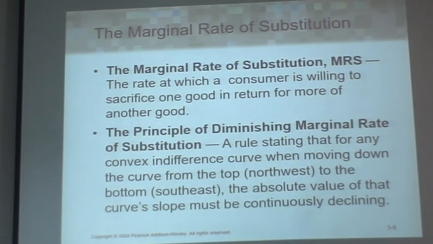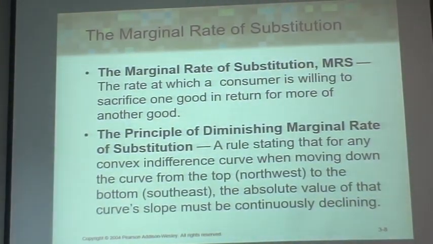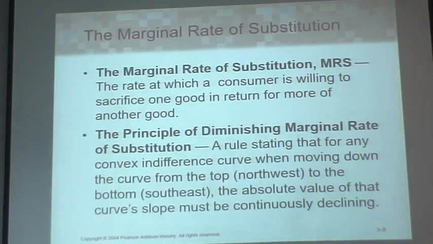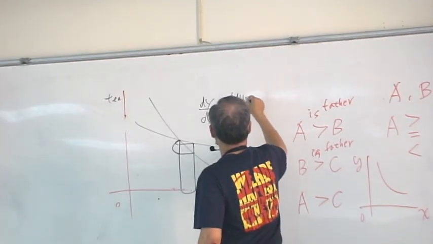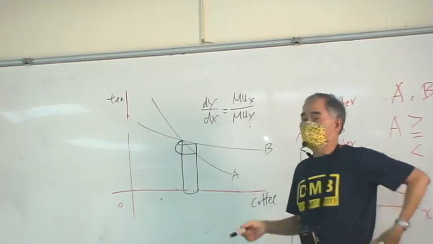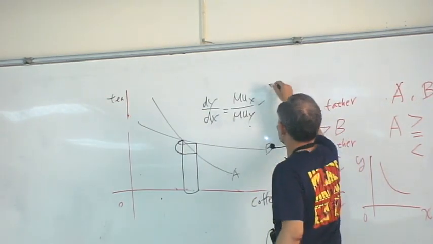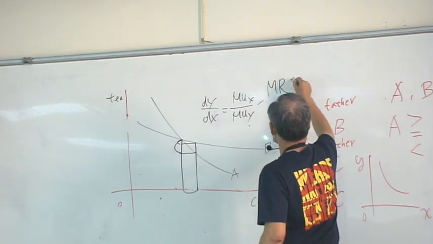Marginal rate of substitution. What's that? It is dy/dx, MUx over MUy. This is called MRS, marginal rate of substitution.